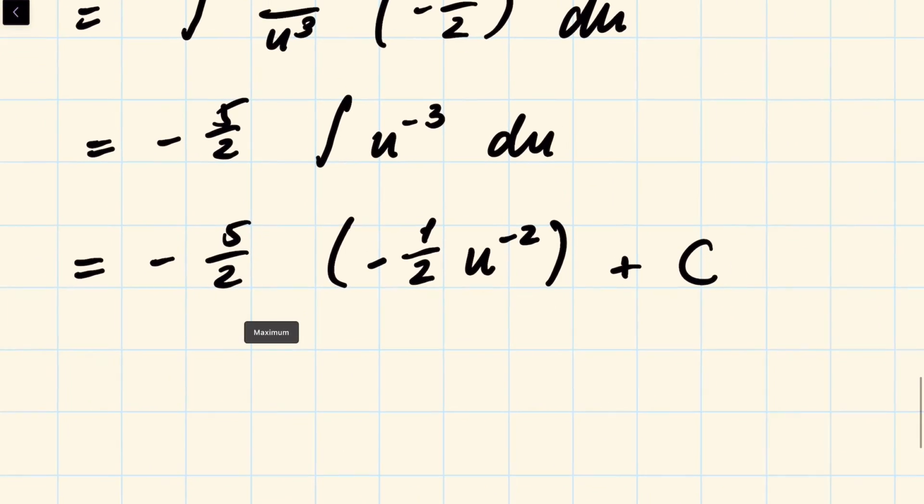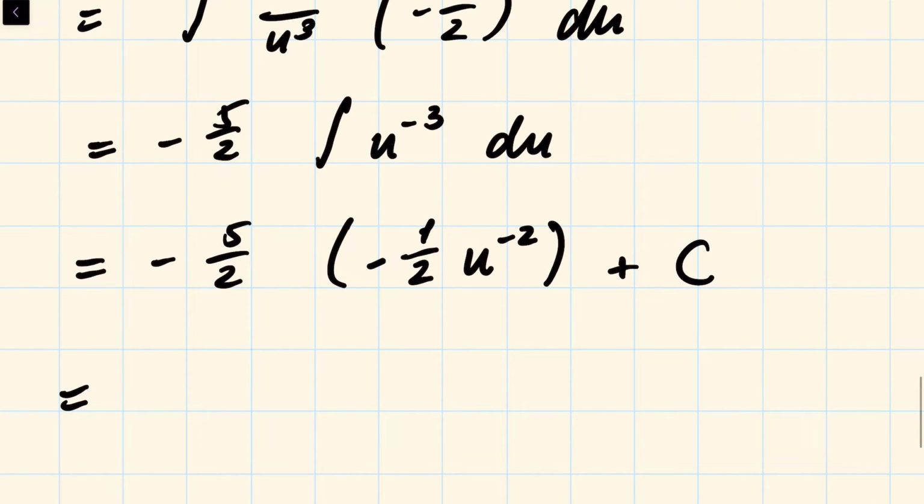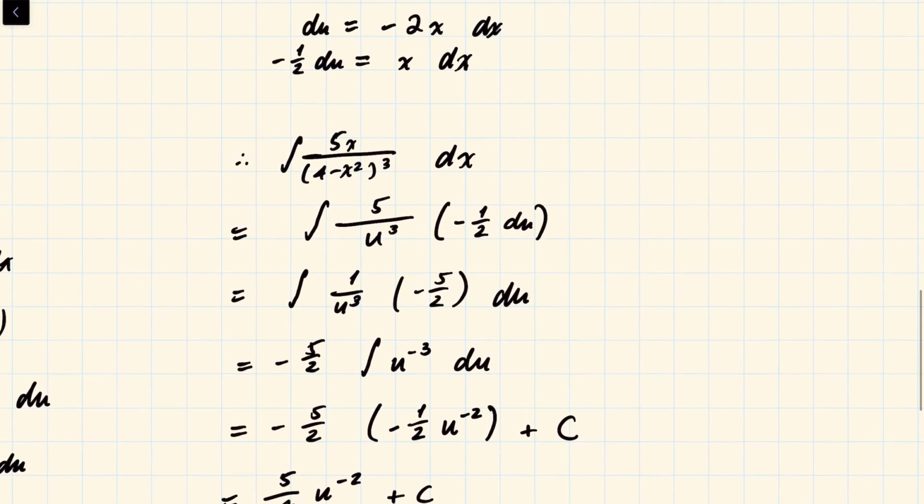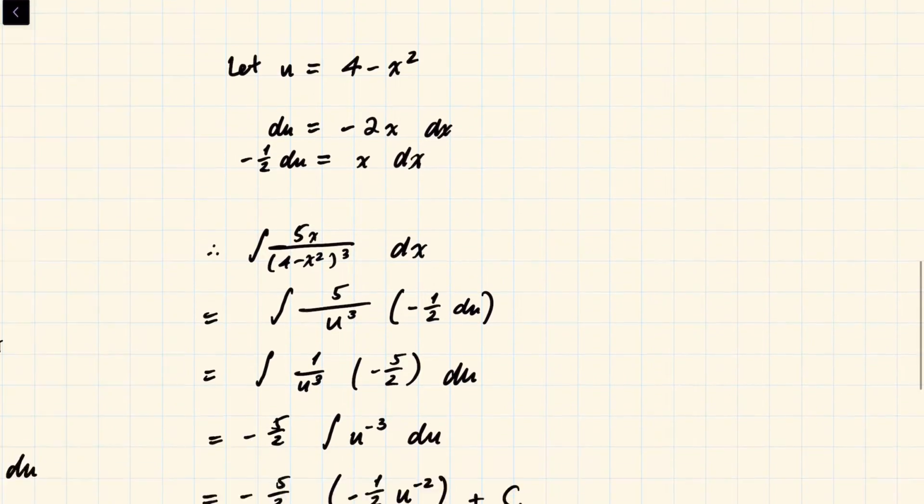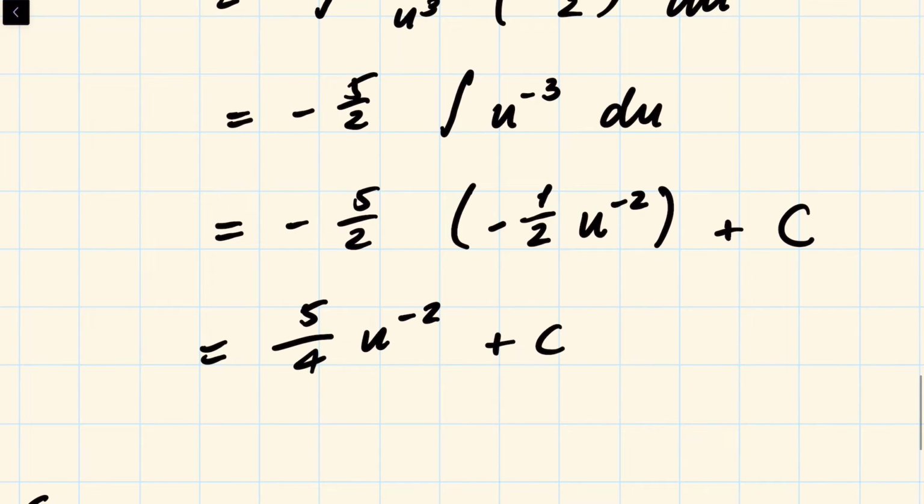So you are going to have now, and that's positive actually, 5/4, and then u to the power of -2 plus c. And then just sub in what you made u. So we made u 4 minus x squared, so 5/4, 4 minus x squared to the power of -2 plus c.